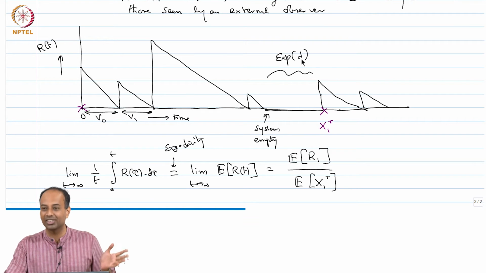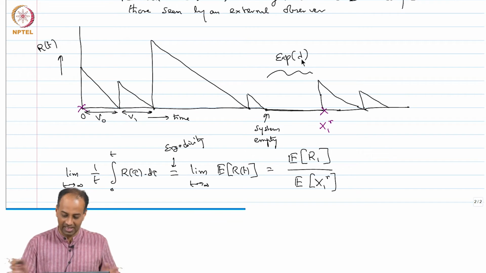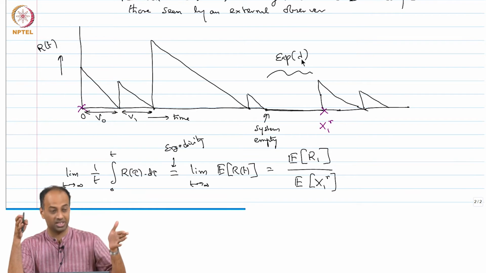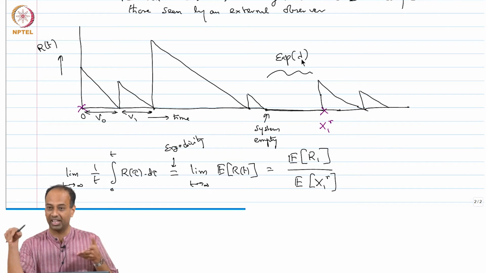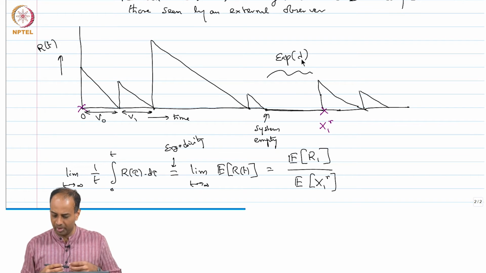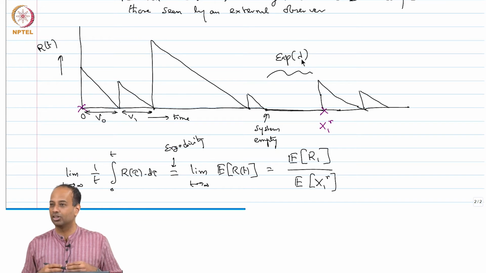And what is the fraction of the time that the server is empty? Lambda times expected V, or lambda over mu, is the fraction of time it is busy, correct. So, we can easily find the expected time of these busy periods. Expected idle periods are of course 1 by lambda. So, we can find the expected X1R easily, and of course, you can find the numerator, expected R1, by just adding up the areas of these isosceles triangles, okay.